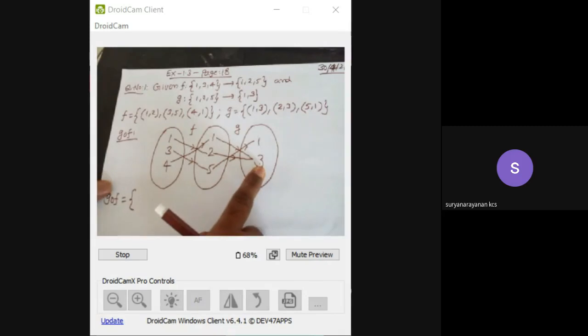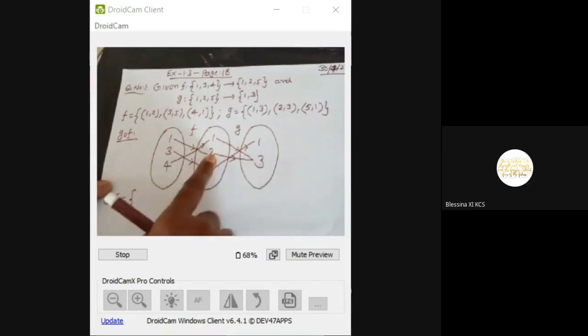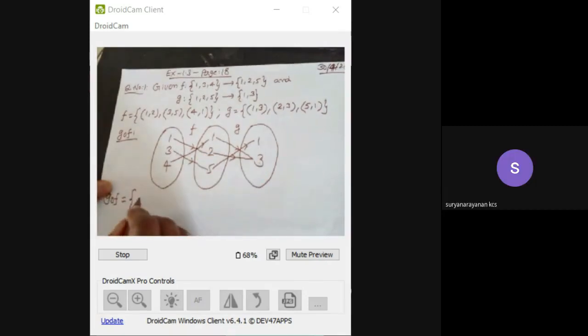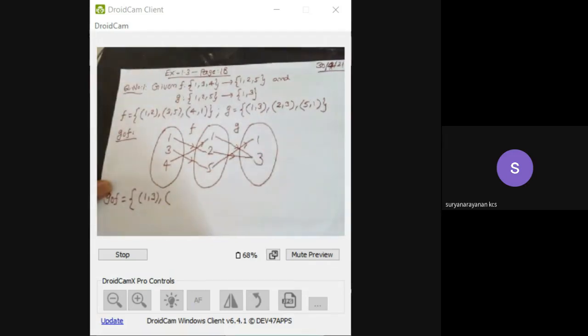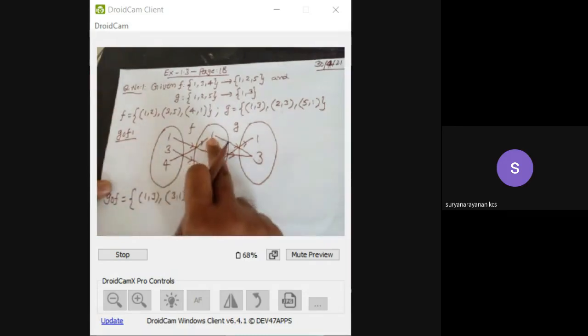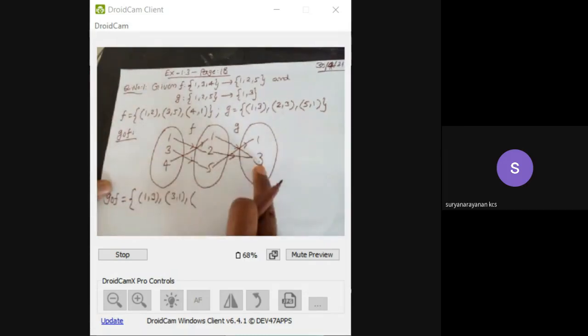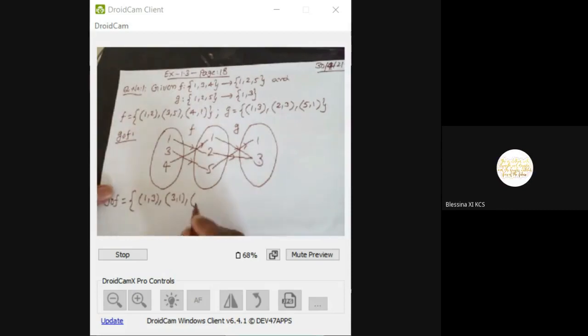What is the ordered pair? (1, 3). Very good, Blessina. Next, 3 is connected with 5 and 5 is connected with 1. What is the ordered pair? (3, 1). Very good. Next element 4: 4 is connected with 1 and 1 is connected with 3. (4, 3). That's all.